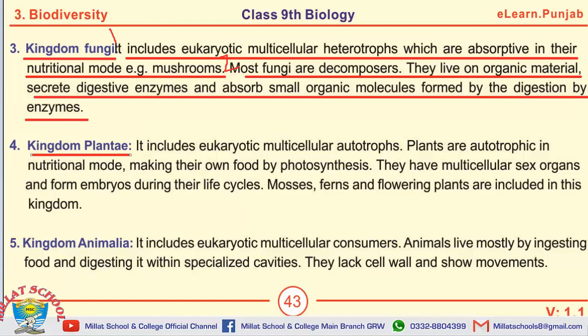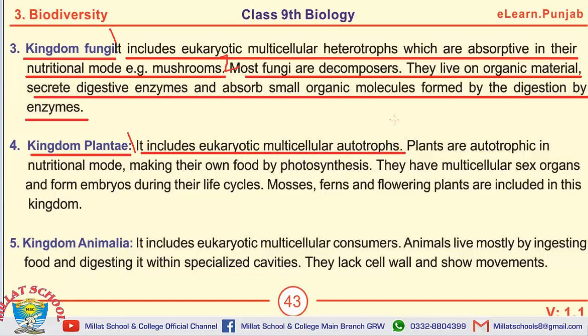The next one is kingdom Plantae. Define kingdom Plantae or write the characteristics of kingdom Plantae. The first characteristic will be the definition of the topic. It includes eukaryotic multicellular autotrophs.